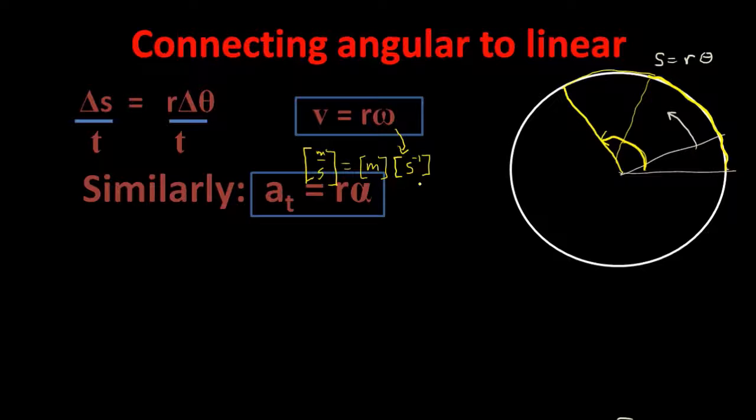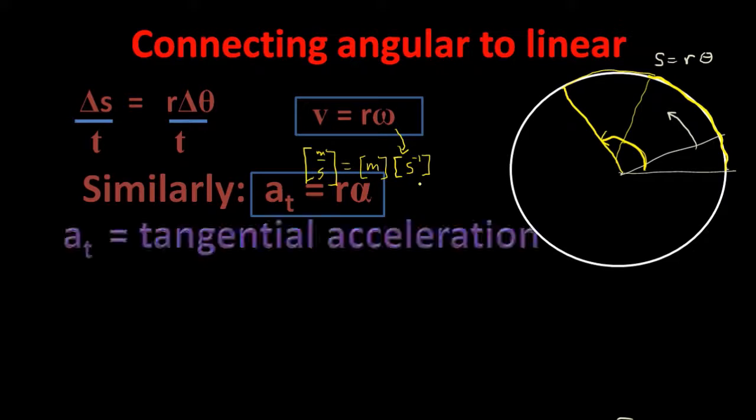Well, that has to do with what's called tangential acceleration. By tangential acceleration, I mean acceleration, let's say an object's here and it's speeding up as it moves around the circle. Its tangential acceleration is the acceleration that's tangent to the circle. So at that point, it's accelerating that way.